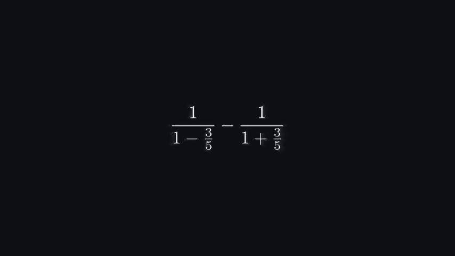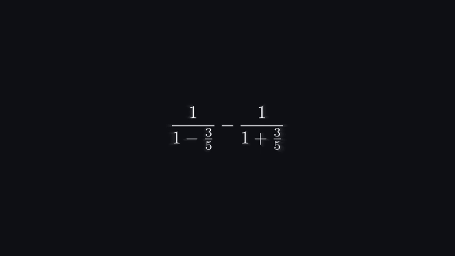Now simplify each denominator carefully. The first denominator is 1 minus 3 over 5. We write 1 as 5 over 5, so the result is 2 over 5. The second denominator is 1 plus 3 over 5.